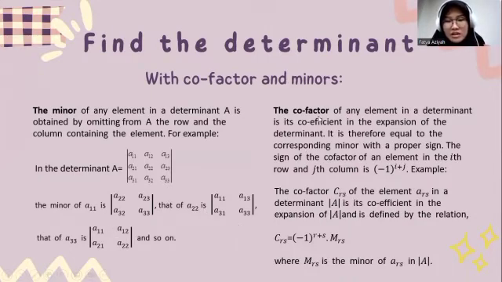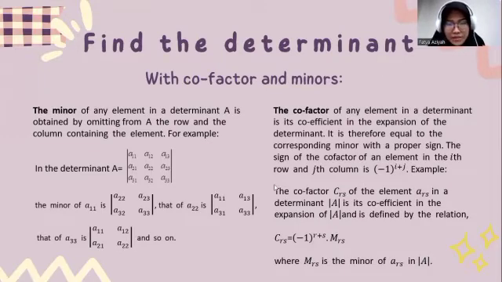And then the cofactor of any element in a determinant is its coefficient in the expansion of the determinant. It is therefore equal to the corresponding minor with the proper sign. The sign of the cofactor of an element in the ith row and jth column is (-1) to the power i plus j.